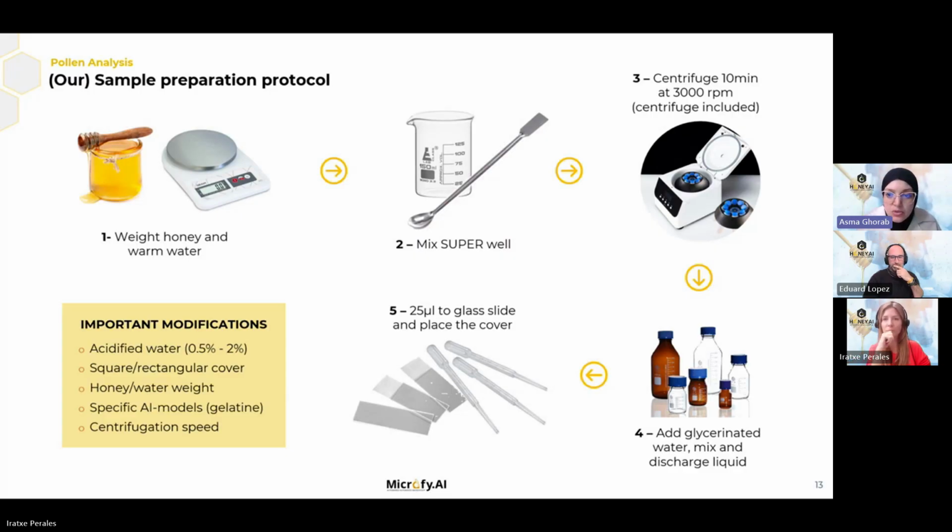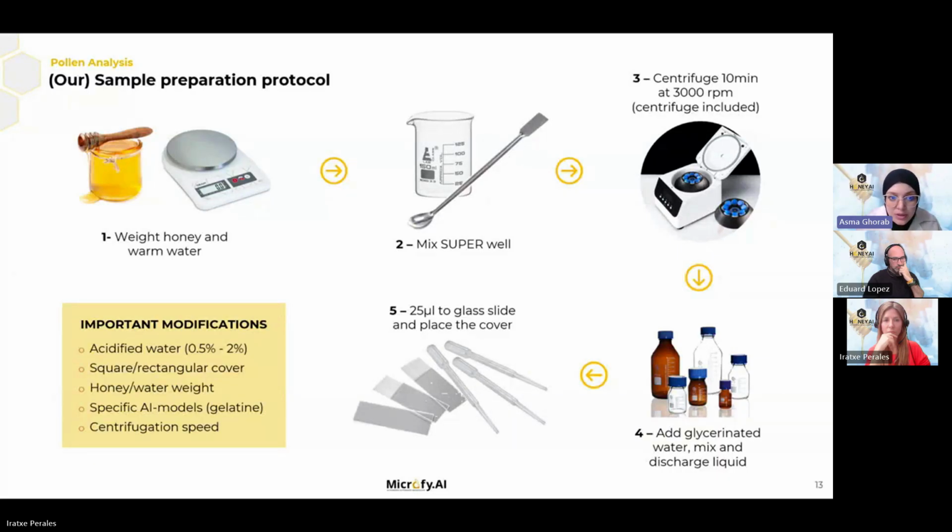This is a tip that we usually use when we know that the honey is dirty and has deep colors. But if the honey has a high content of pollen, it's better to use a rectangular cover slip, not the small one, just to avoid accumulation of pollen grains. But if the honey has few pollen grains, it's preferable to use the square cover slip.